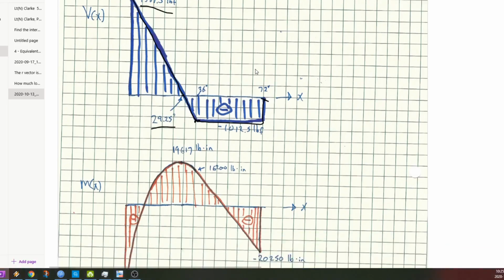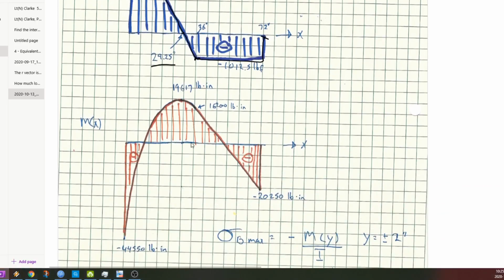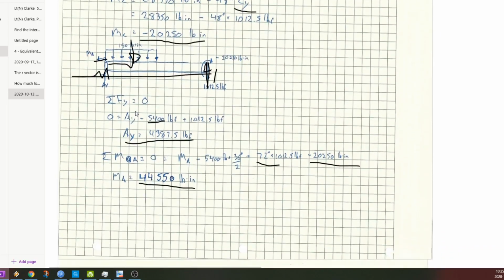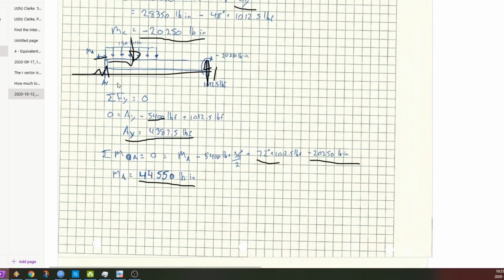So, and then onto our moment diagram. So again, we've got our reactions as well, so we need to keep those in mind. So we've got reactions at both ends, so we're not in one of those situations like a pinned connection where we'd expect it to be returning to 0 at either point.